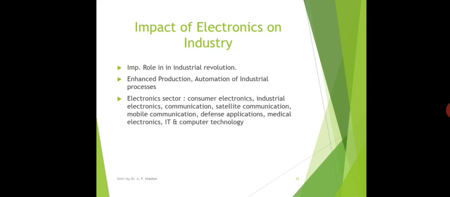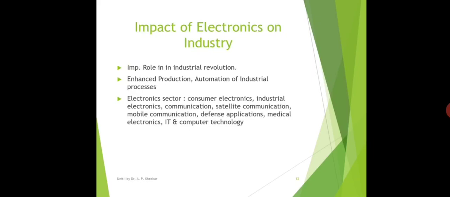It is consumer electronics, industrial electronics, communication electronics, satellite communication, mobile communication, electronic communication applications in defense, medical electronics technology, information technology, IT and computer technology. So there is a huge change in all these electronic sectors because of changes in the basic device technology in electronics.